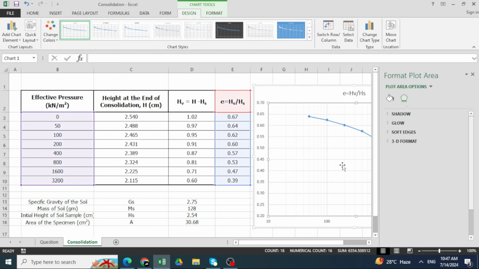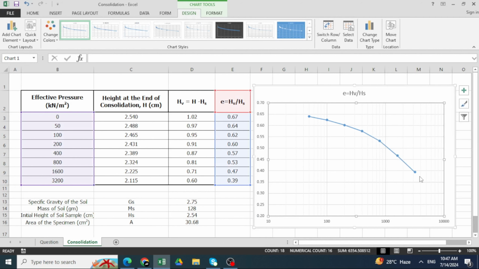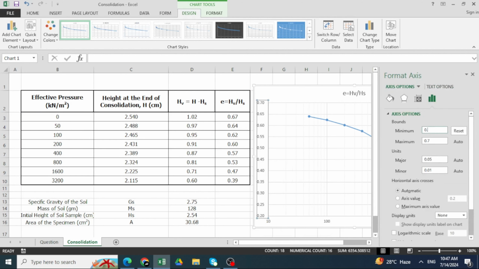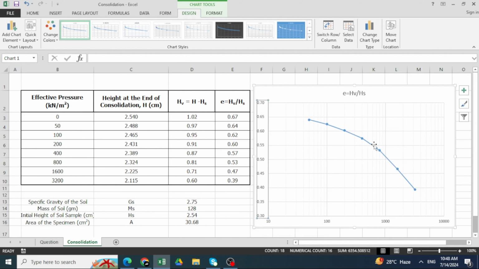Let's see the result. Okay, now we have a lot of space here again. So to keep the graph or the chart clear, I'm adding 0.3. Now you can see the whole chart has been covered with the line.